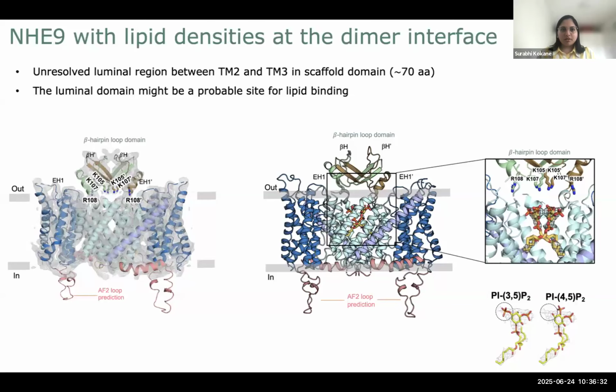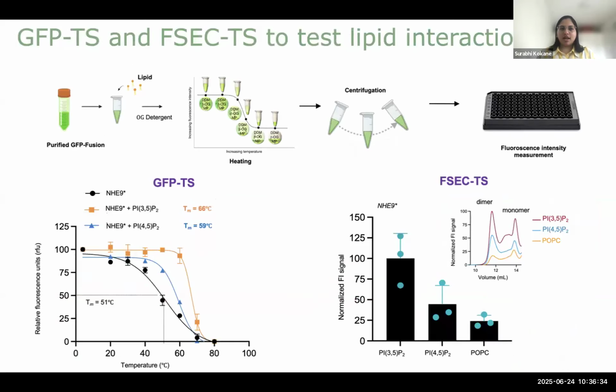To further confirm this, we did an assay which is optimized in our lab, called the thermostability assay. We use a purified GFP fusion. We add lipids to it and incubate for about 30 minutes, and then we add a detergent, beta OG. Whatever protein is aggregated can be precipitated using this detergent.